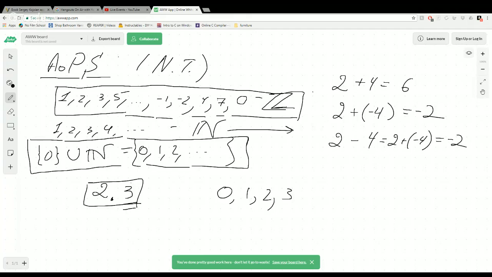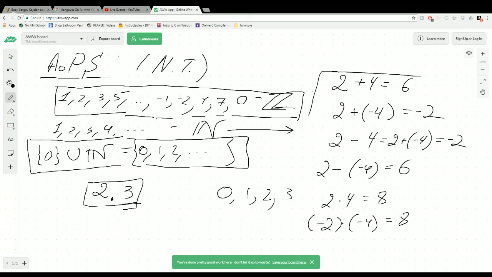It's -2. I can do 2 minus -4, and we all know this is 6. So we can multiply. We can do 2 times 4 and get 8. We can do -2 times -4 and also get 8. So I can do a lot of things. I can combine integers in various ways and get new integers.